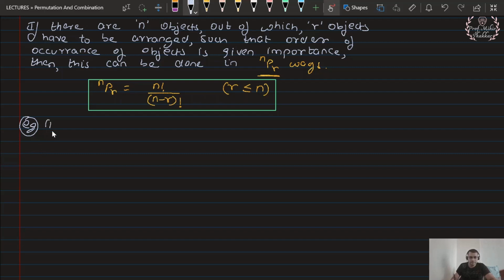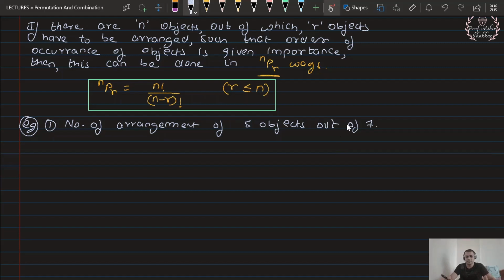Case number 1: number of arrangements of five objects out of 7. I am just considering a very basic, simple arrangement of 5 objects out of 7. No conditions applied, nothing. Just the question has told that there are 7 objects, you have to arrange any 5 out of them. So how would we do that?